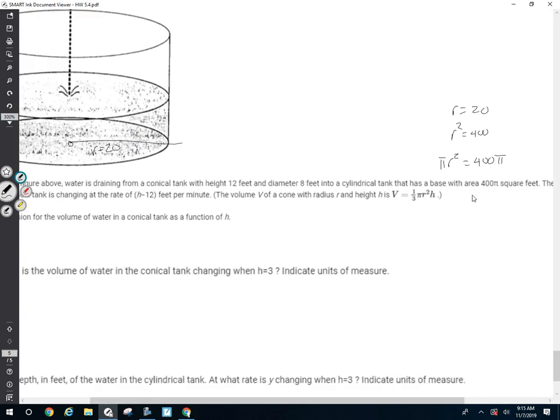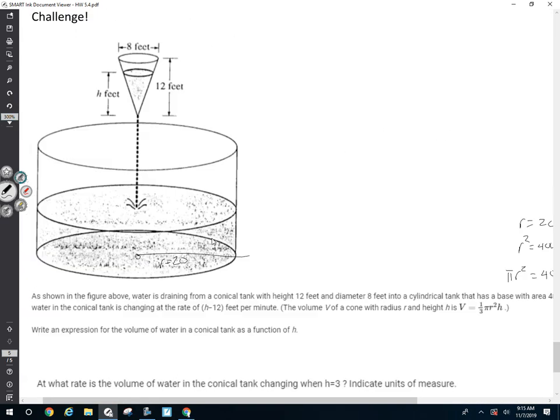The depth h in feet of the water in the conical tank is changing at a rate of h minus 12. Great, dh/dt is h minus 12. Write an expression for the volume of water in the conical tank as a function of h. Okay, so here come our formulas. This is 4, that's 12.